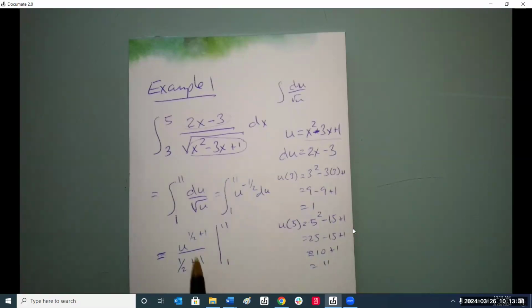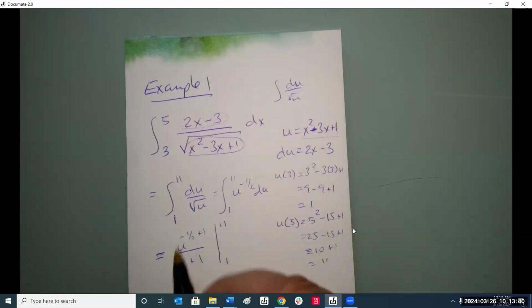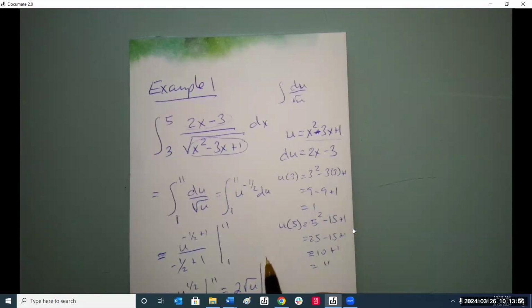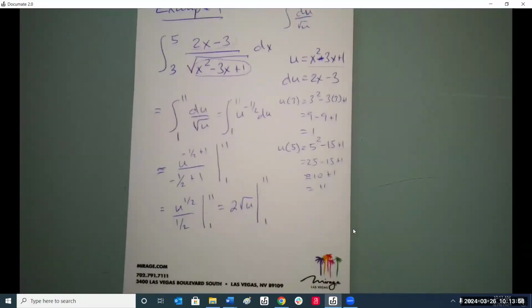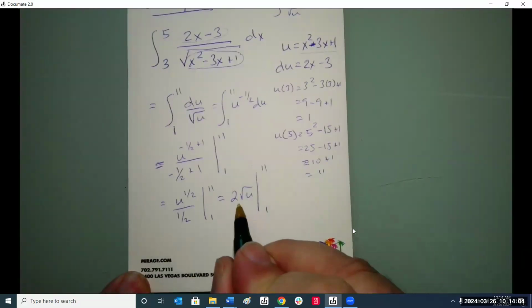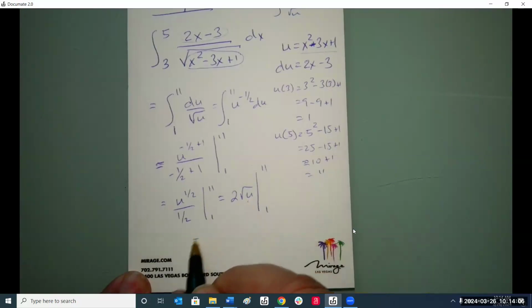So what does this give us? Well, the exponent is negative 1/2, so that gives us u to the power 1/2 over 1/2. That one reciprocates. So we have that. Now inside here, we can go ahead and plug in our bounds.